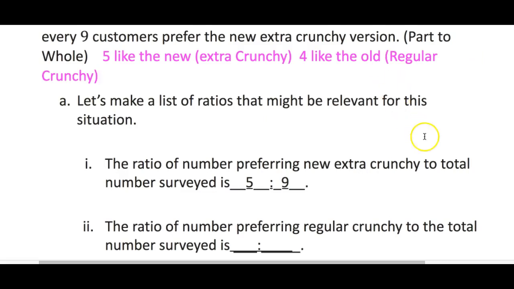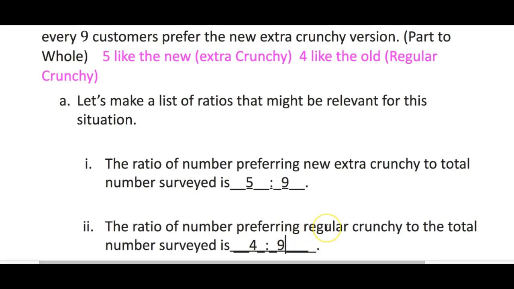Okay, so now we can figure this out. The ratio of number preferring regular crunchy to the total number surveyed would be, well, we figured out that 4 like the old or the regular crunchy. So we'll put the 4 here because that's what we're supposed to put first. And then the total number surveyed we know is 9 from our previous one and from what it said in the problem. So that would be 9.